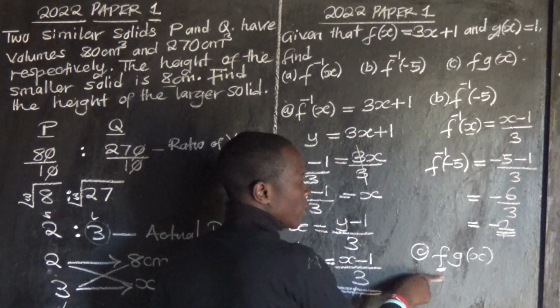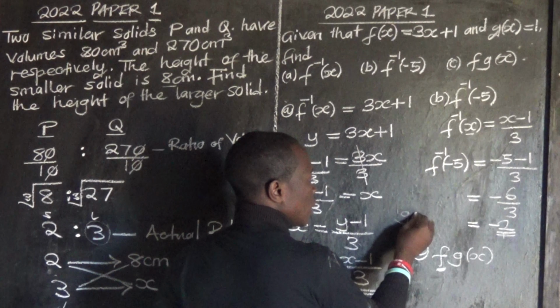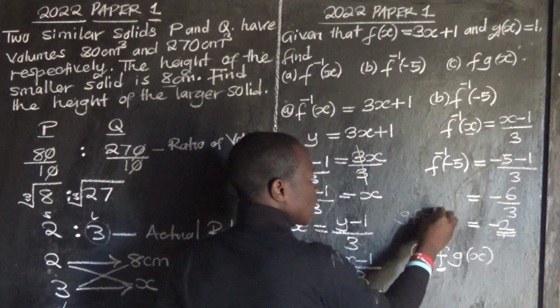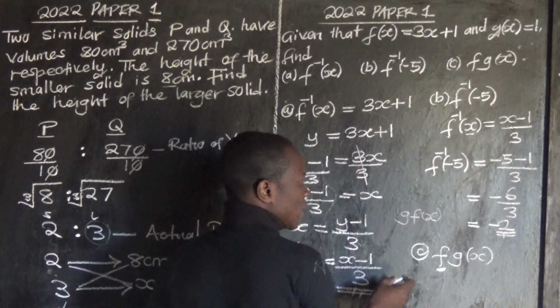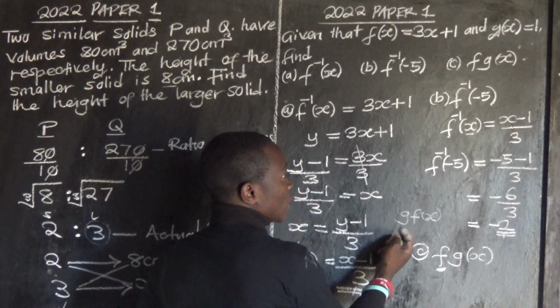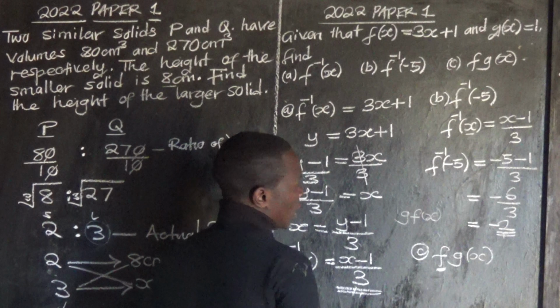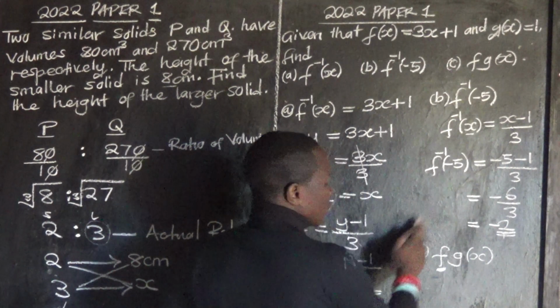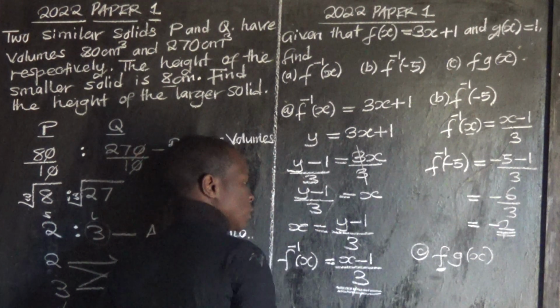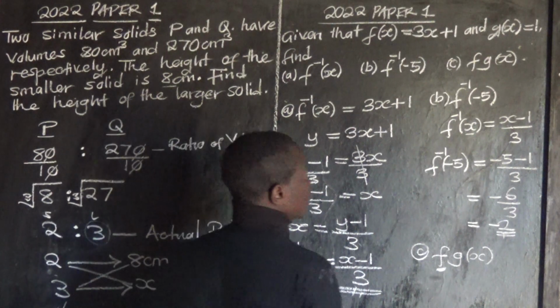Is it okay? If the question was g f of x, we would have written the function of g, and then where there is x, we put the function of f. But in our case, we have f as the first function. So what is the function of f?